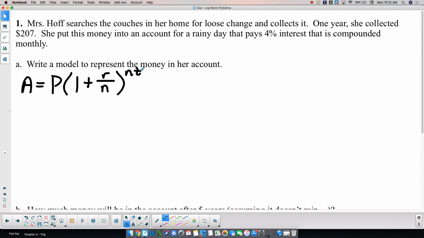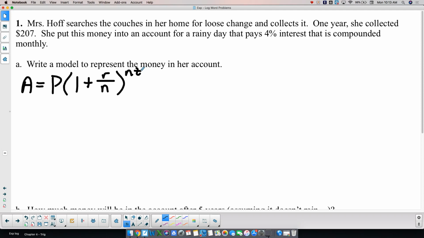That's the formula that gets used for compounding, non-continuous. For continuous compounding, that's PERT. That's A equals P times E to the RT power.